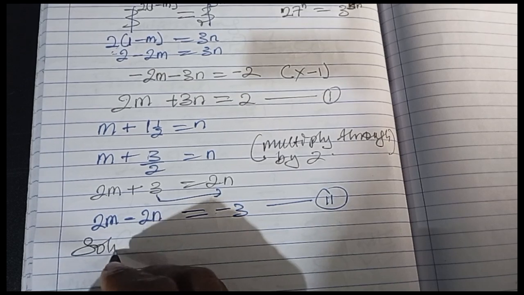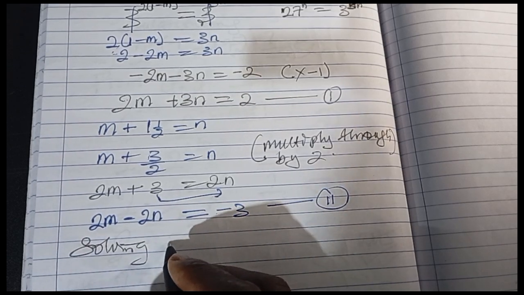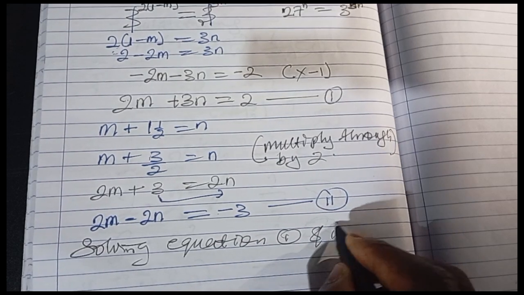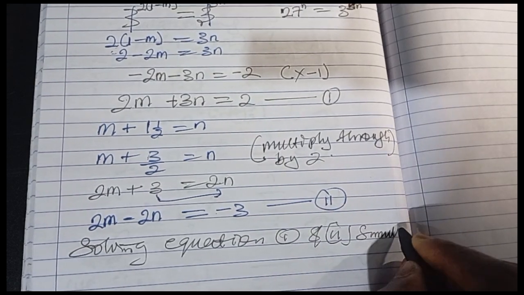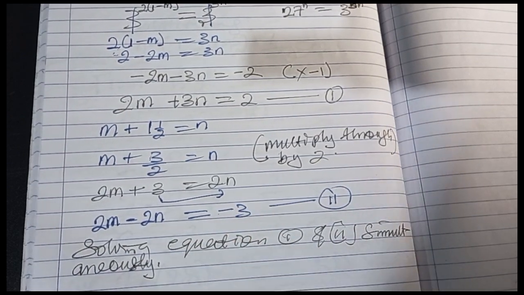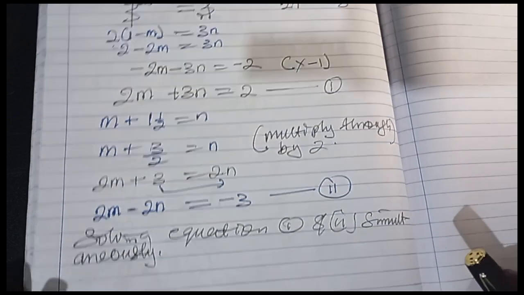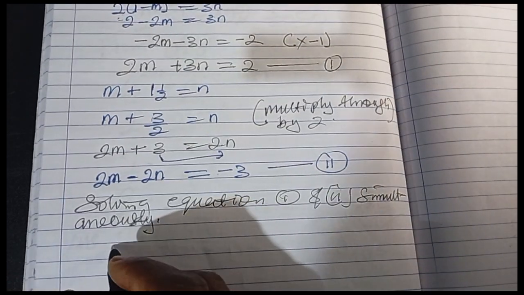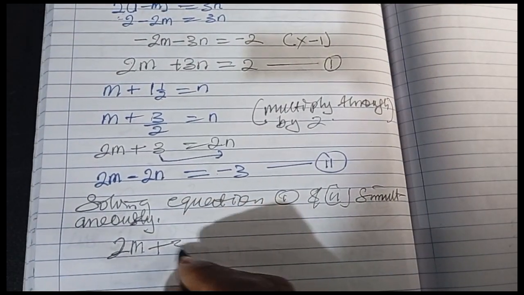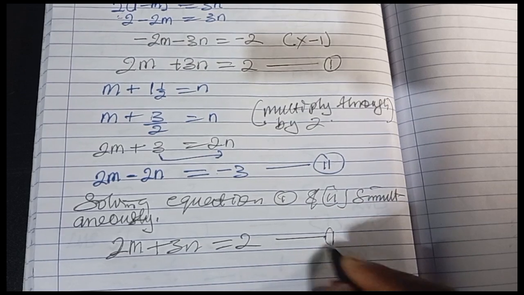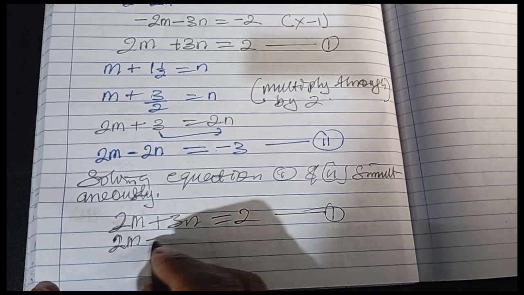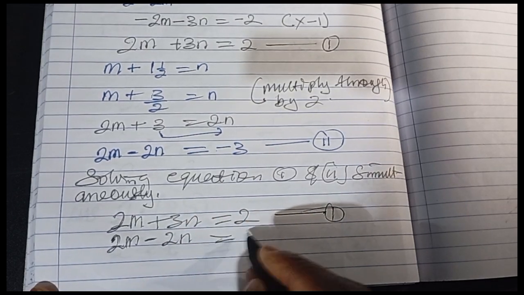Solving equation 1 and 2 simultaneously. Alright, we have something like this. From 1, we have 2m plus 3n equals 2. This is 1. Then we have 2m minus 2n equals minus 3.